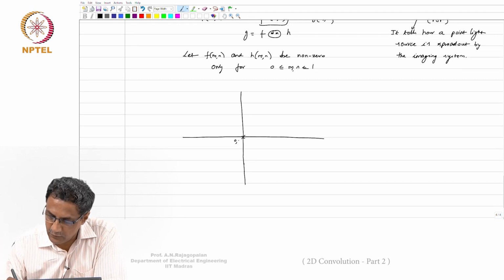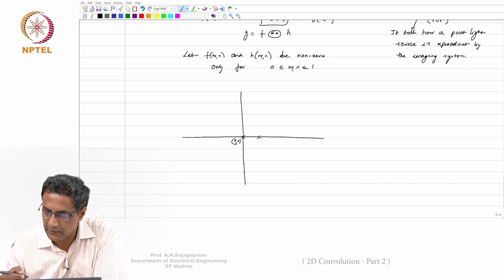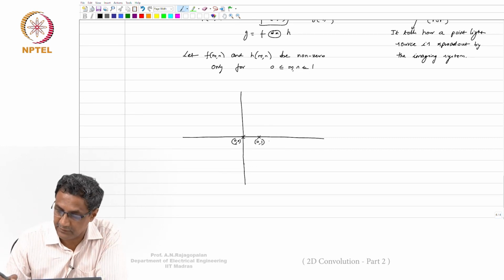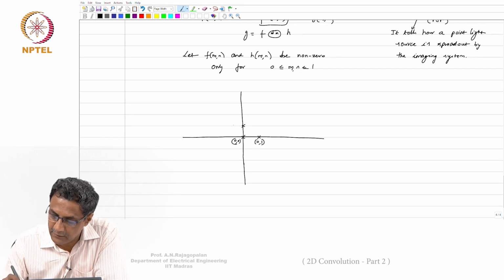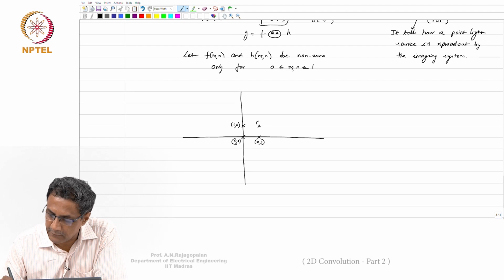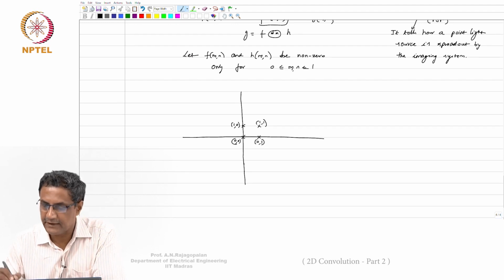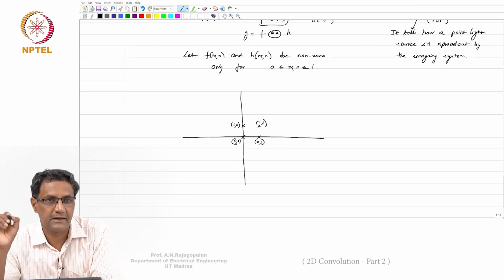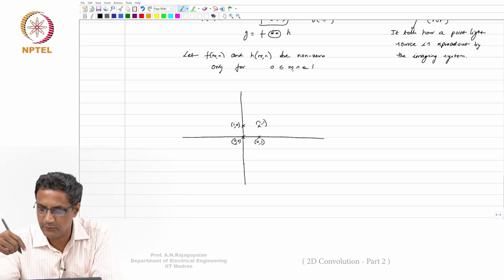So let's say this is 0 comma 0, and let's use row comma column. So this will be 0 comma 1. You can use any notation; I'm just using some notation here. So this will be 1 comma 0, and this will be 1 comma 1. So we are saying that h(m,n) and f(m,n) both exist like this, and everywhere else they are 0, just to illustrate what we want to tell.